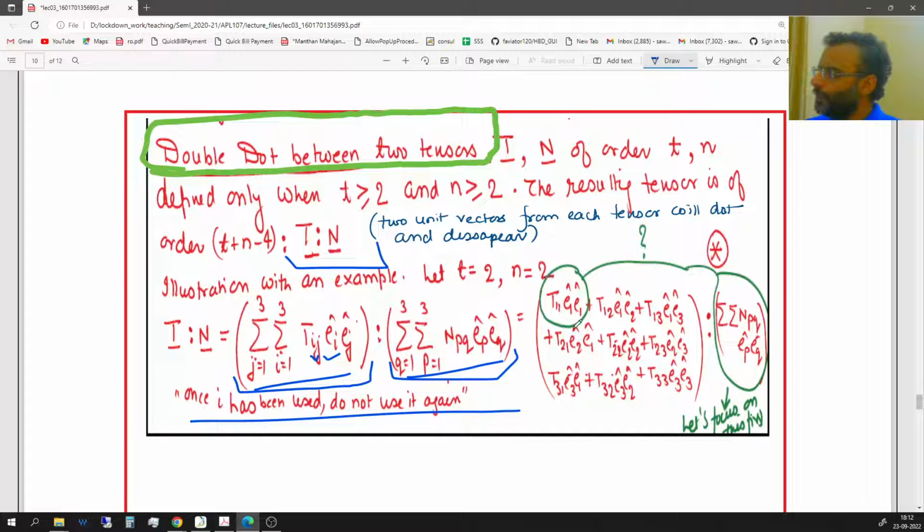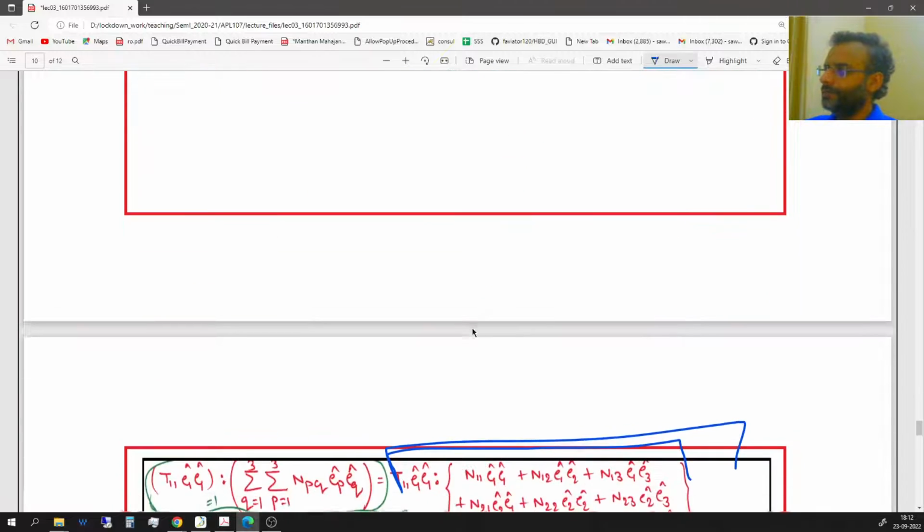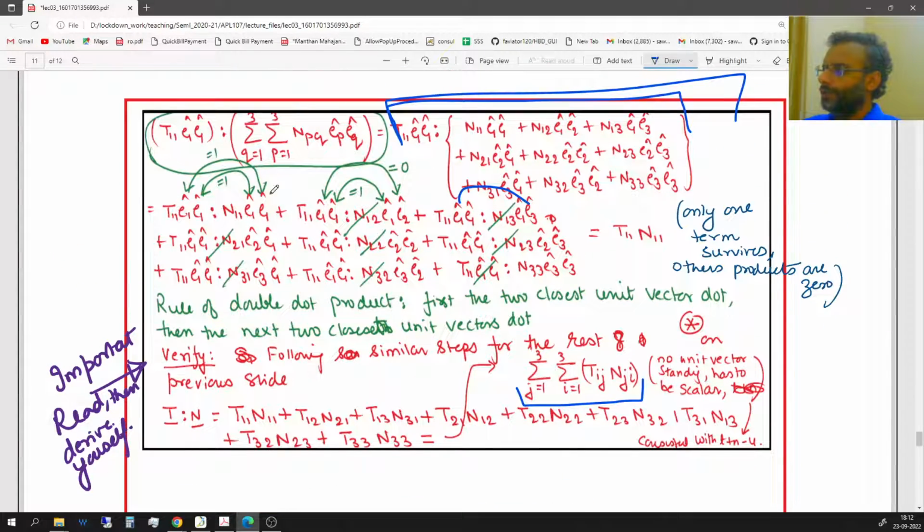Let's focus our attention first on this double dot product, which is going to happen with T11 e1 e1 coming from left, and the entire n tensor coming from the right hand side. Let's see what happens. So T11 e1 e1 double dotting with the entire n tensor. Now I'm going to expand the entire n tensor also as 9 terms here.